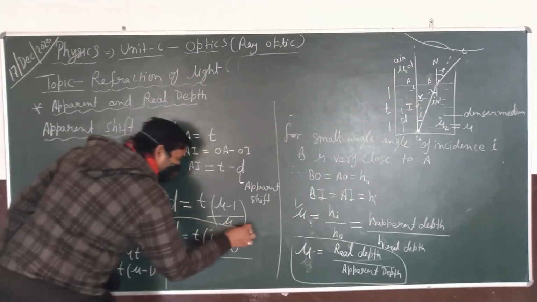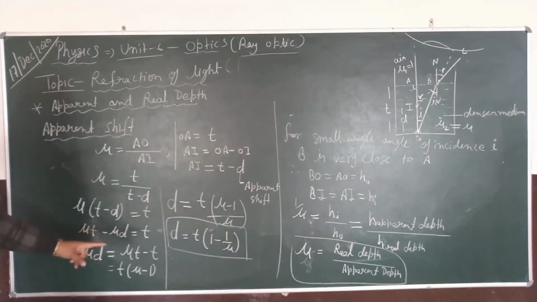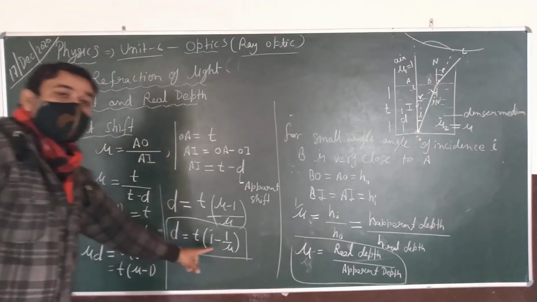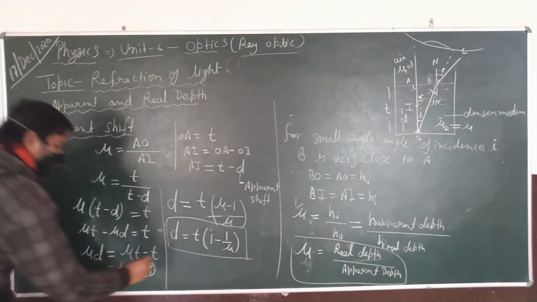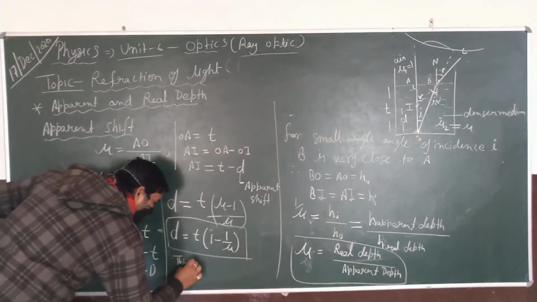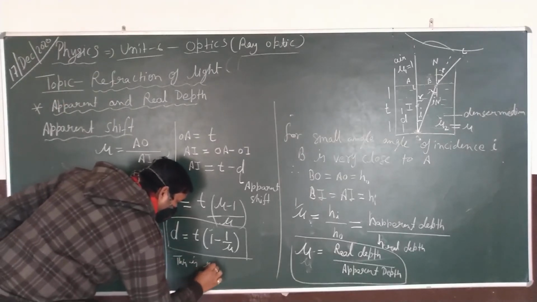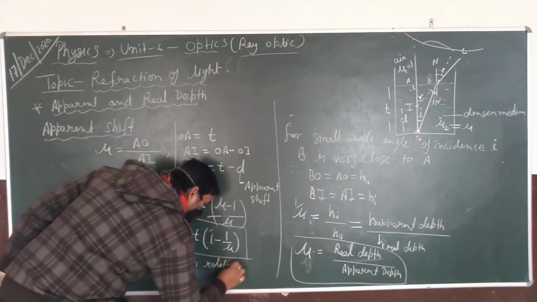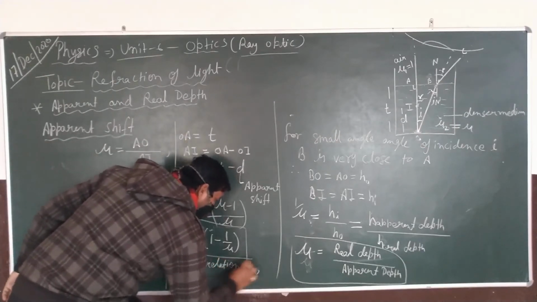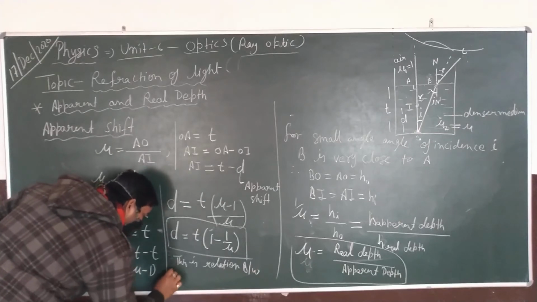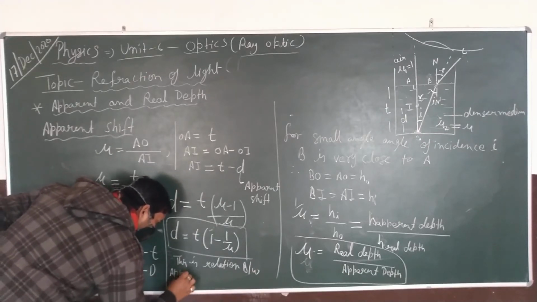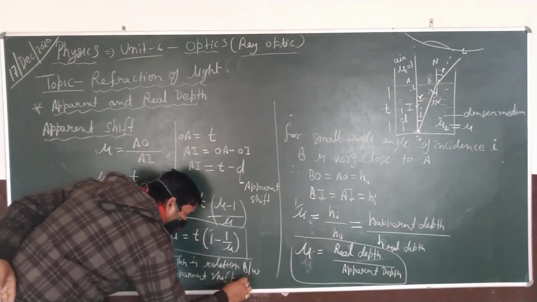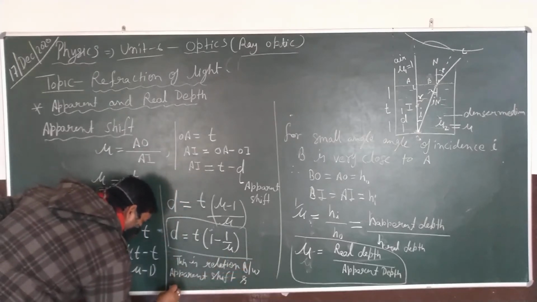This is the relation between the apparent shift and the refractive index.